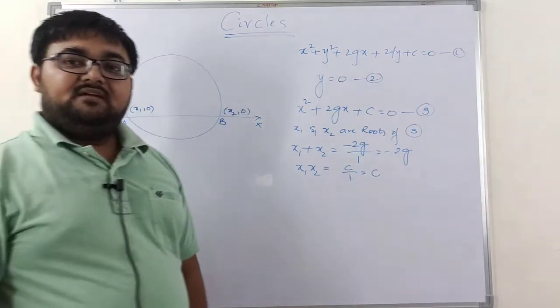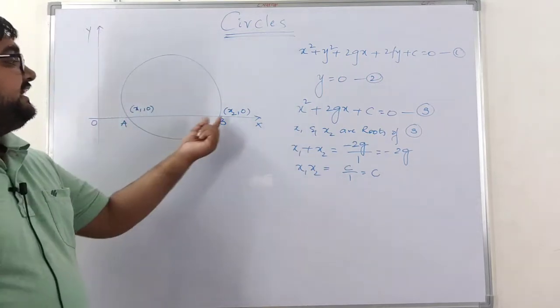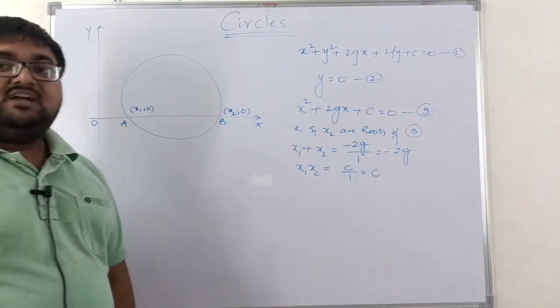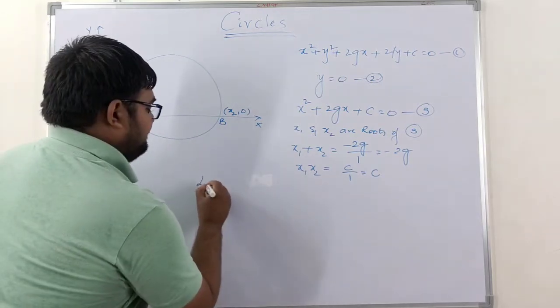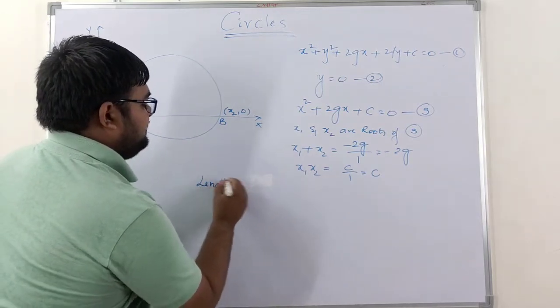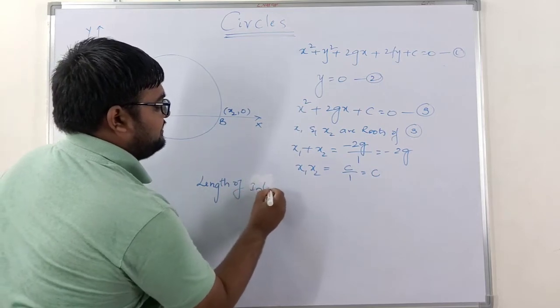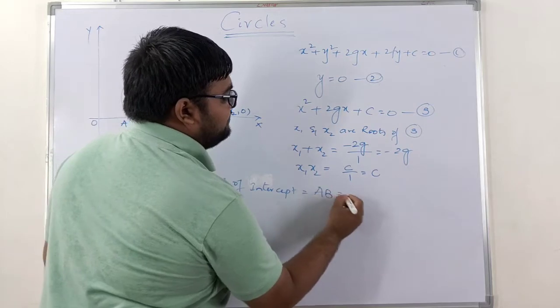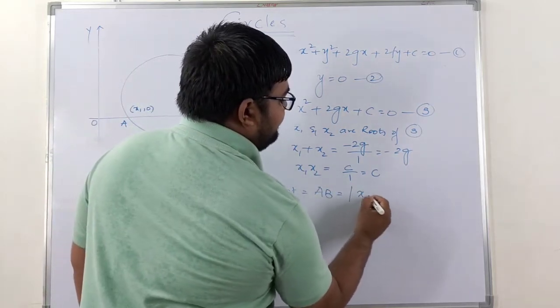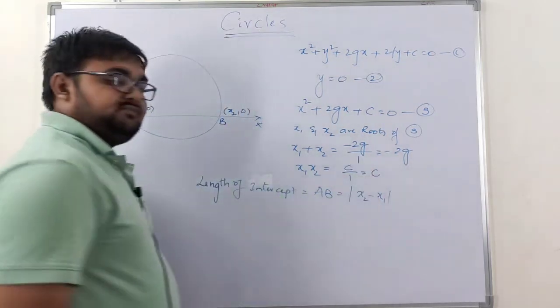Now what do I need? I need to find x2 minus x1, that is, the length of the intercept. The length of the intercept is given by AB, which is the modulus of x2 minus x1.